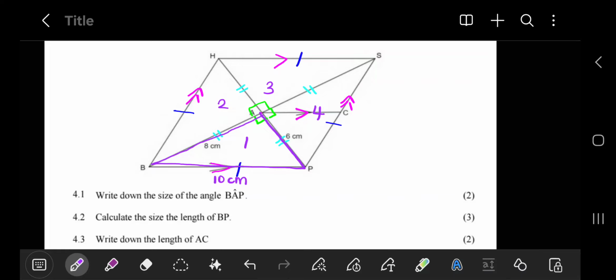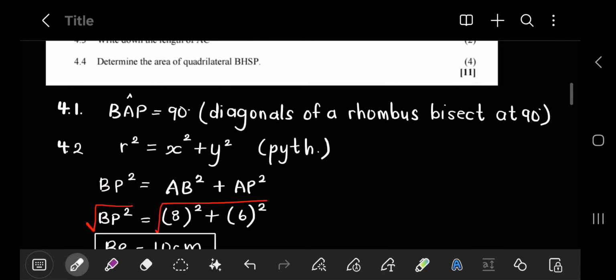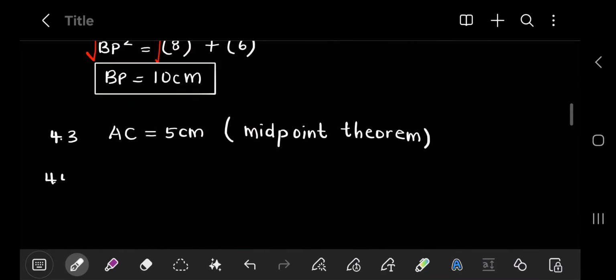So how can we calculate the area? If we have a right-angled triangle, you guys know area of a triangle is half base times height. This is something that you learned in primary school. So let's calculate the area of one triangle. I'm going to focus on this triangle, and all I have to do is multiply that area by 4. Let's call it BAP. So area of triangle BAP is going to be half base times height.